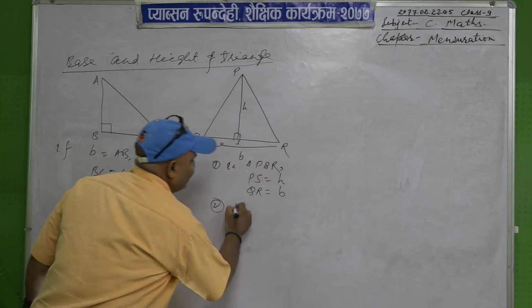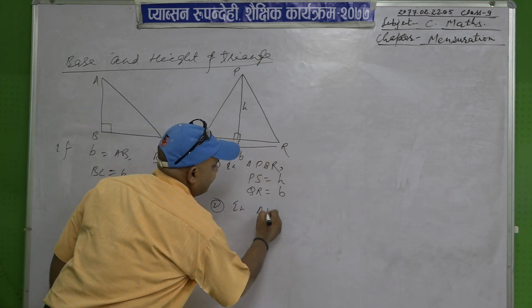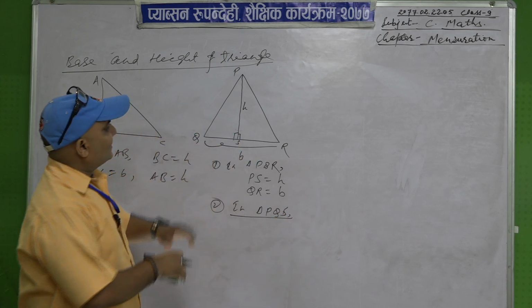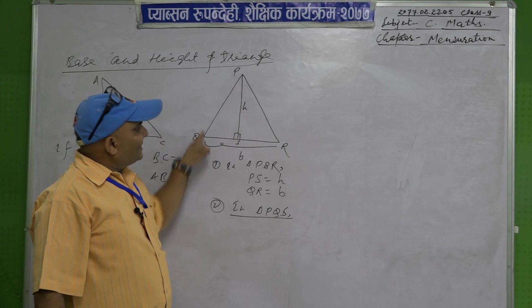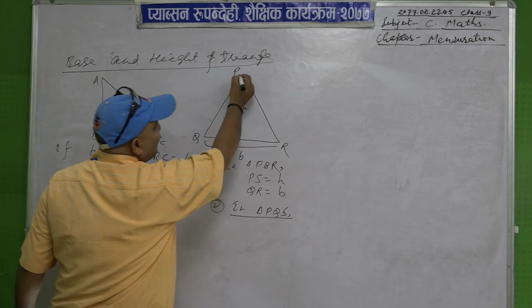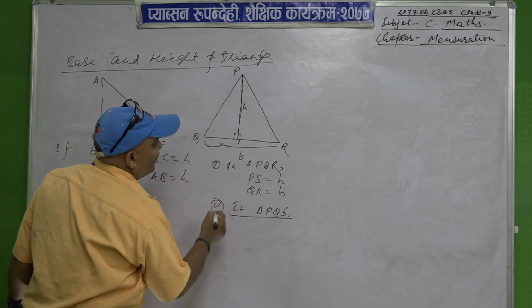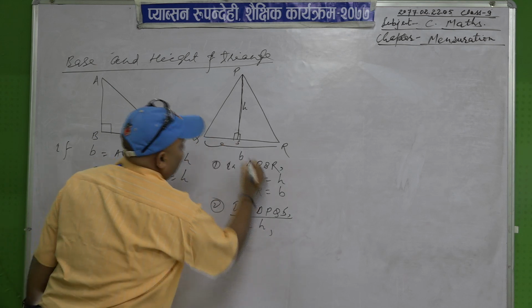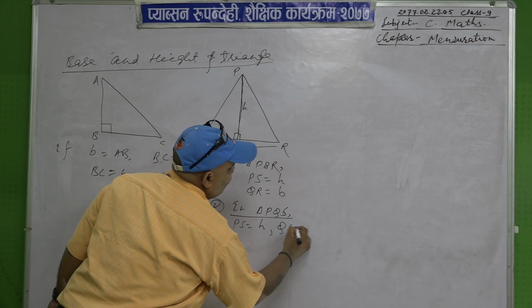If we take triangle PQS, in this triangle, this PS is height and QS is base.